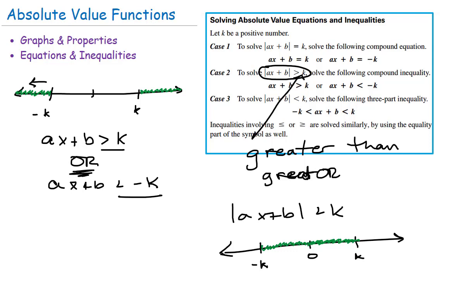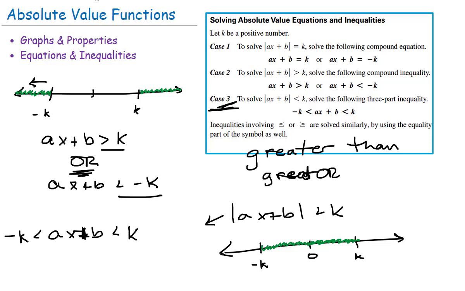So when we split up our absolute value quantity in case 3, what you do on this one is you say absolute value of our quantity a plus b is still between two values, but it's less than the bigger one, less than the positive k, and greater than the negative k.